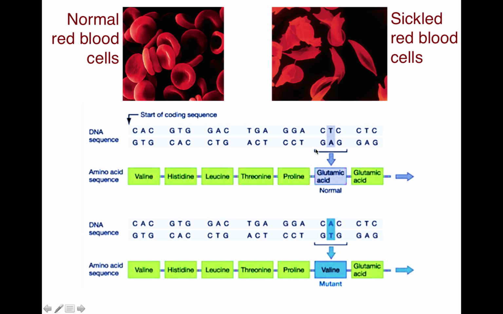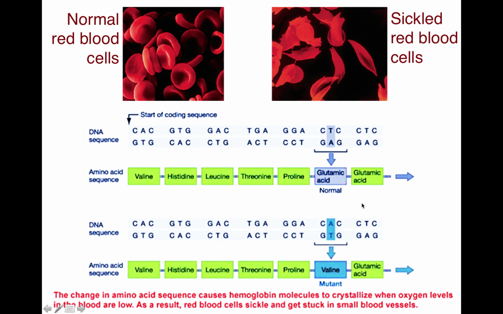Normally, the sixth amino acid encoded is glutamic acid. That's the normal amino acid in this hemoglobin. However, if you change this T to an A, you change this codon from CTC to CAC, and that encodes valine instead of glutamic acid.